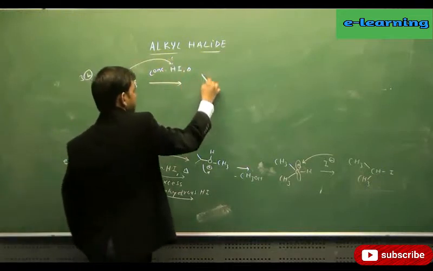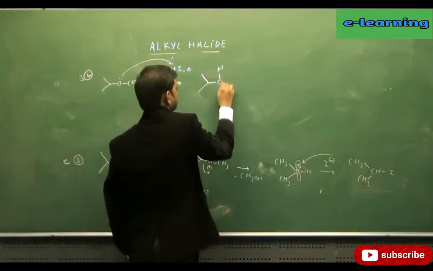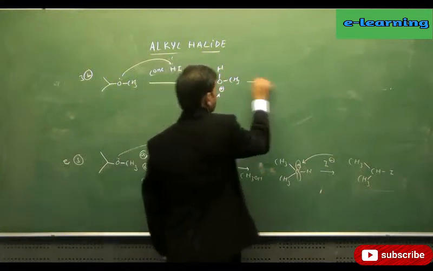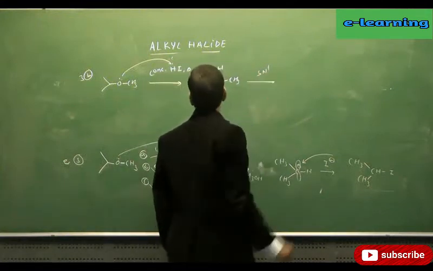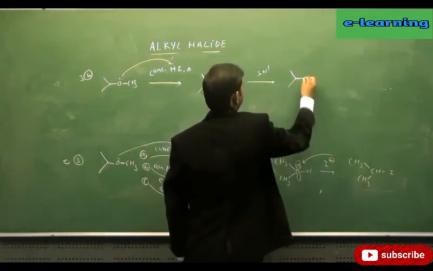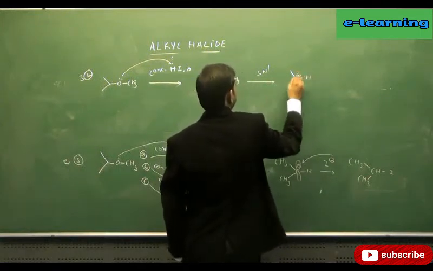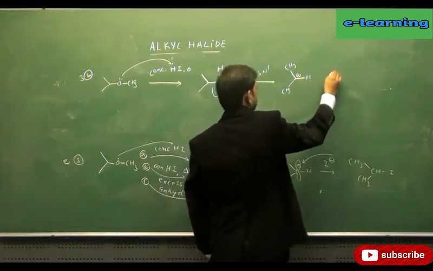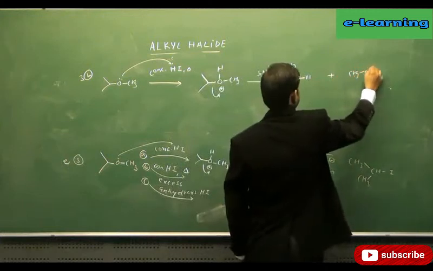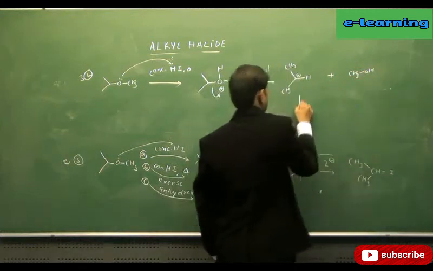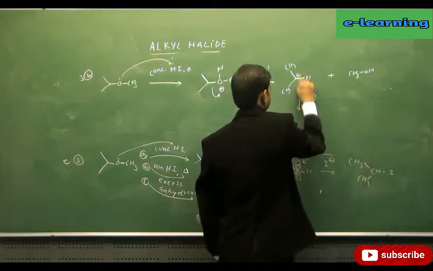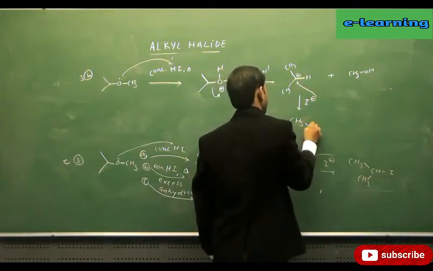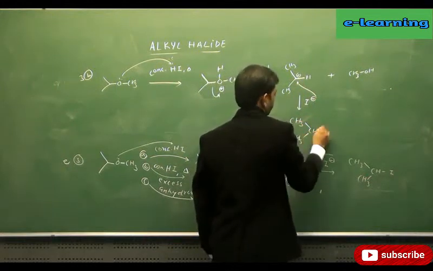First it protonates, and bond breaking takes place, that is SN1. Trigonal planar carbocation intermediate and CH3OH. This carbocation is attacked either front or back because it is not chiral, so it gives 2-iodopropane.